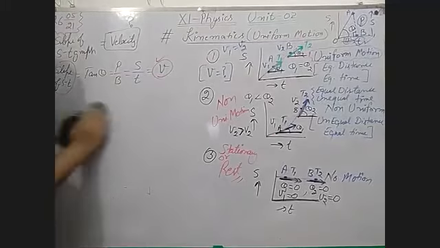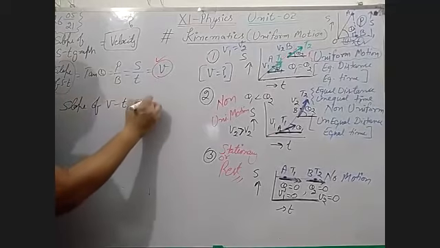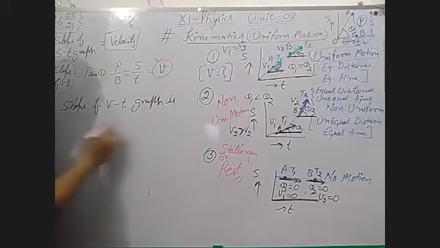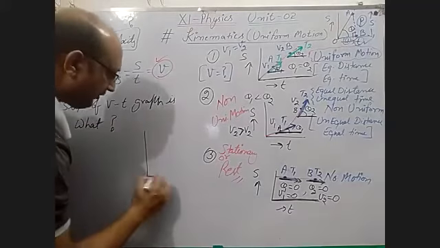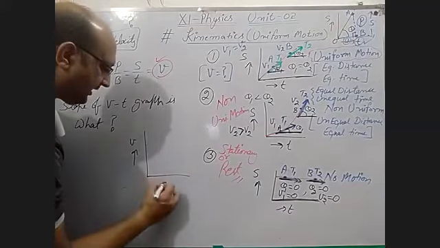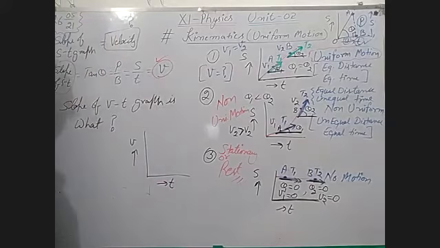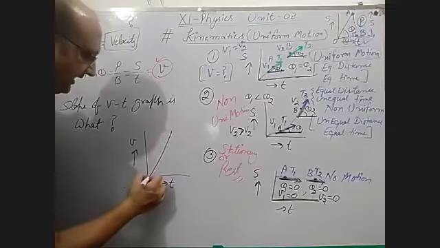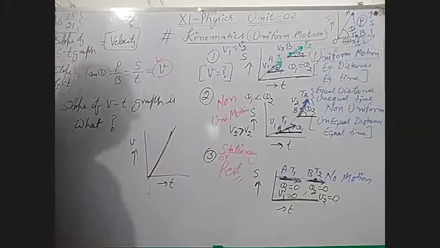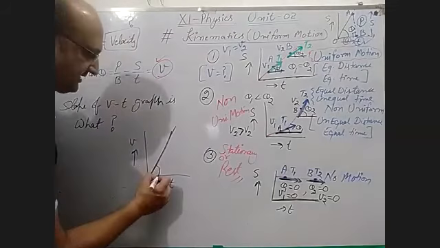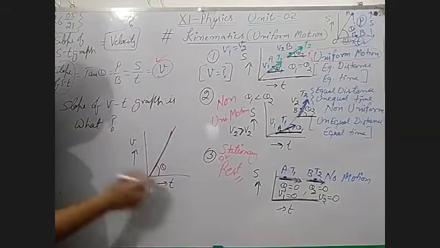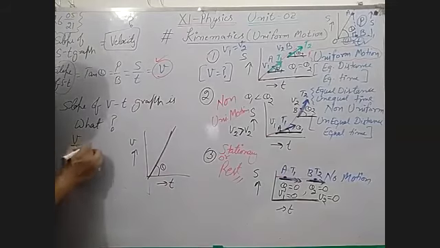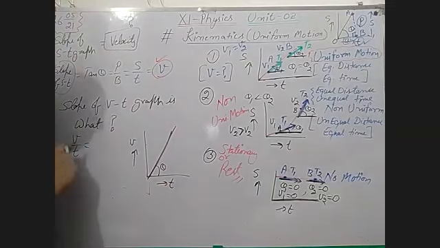Now draw the VT graph first. Now take a straight inclined line, and this one is theta. Directly, if you want to take V upon T, what is it? Velocity upon time is acceleration. Now your answer is this.